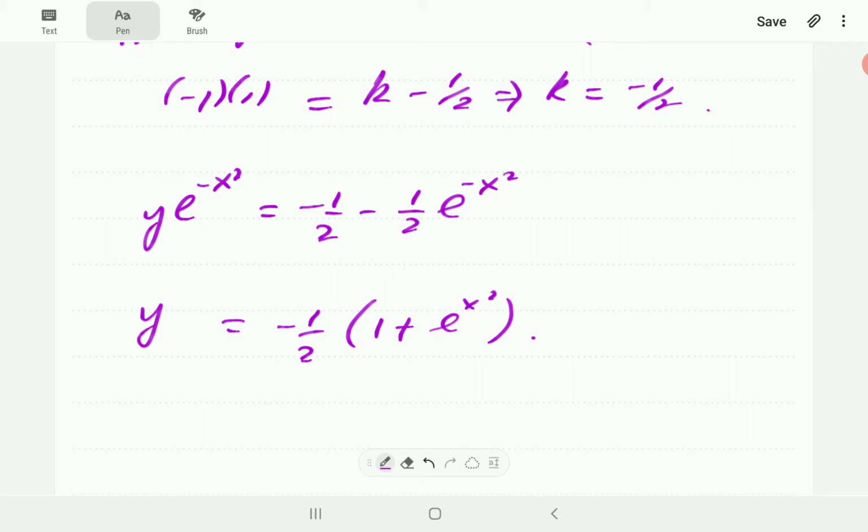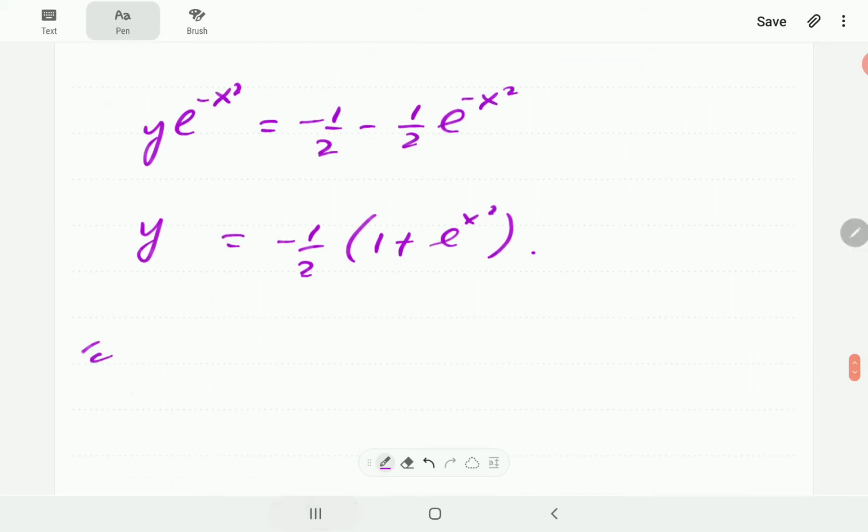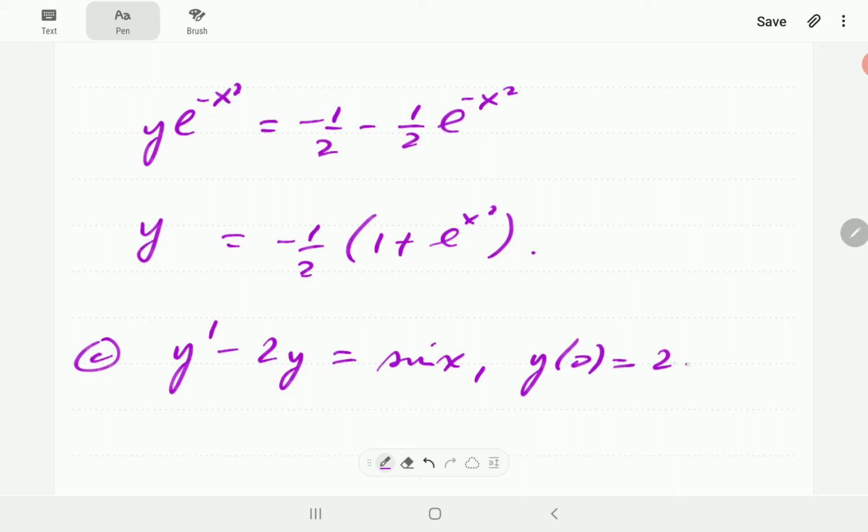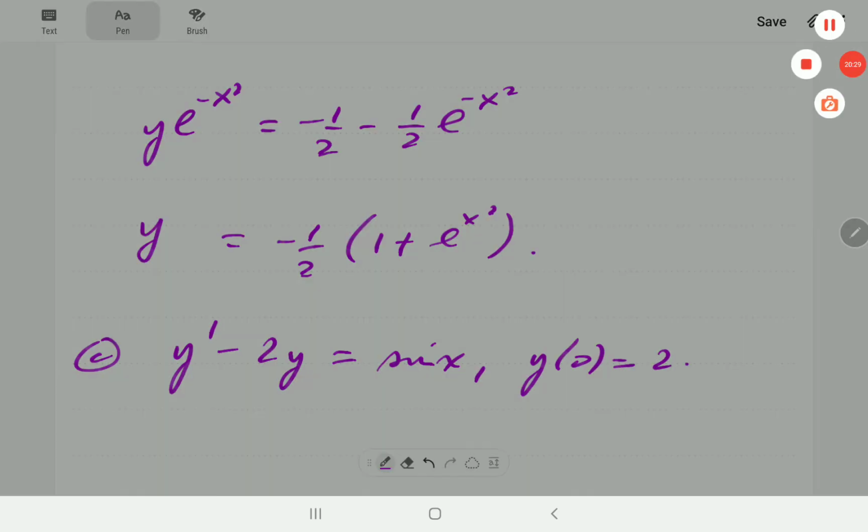Okay, then we're now going to go to part C. So in part C we have got y prime minus 2y is equal to sine x, when x is 0, y is equal to 2.